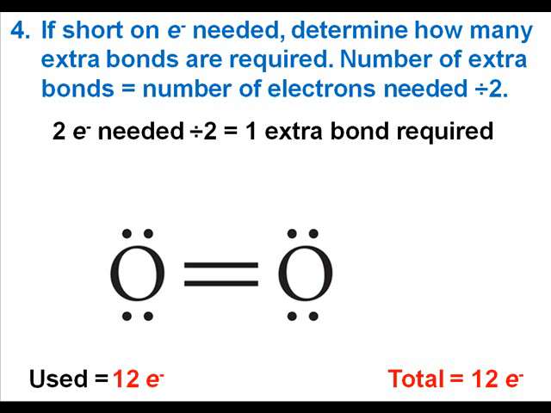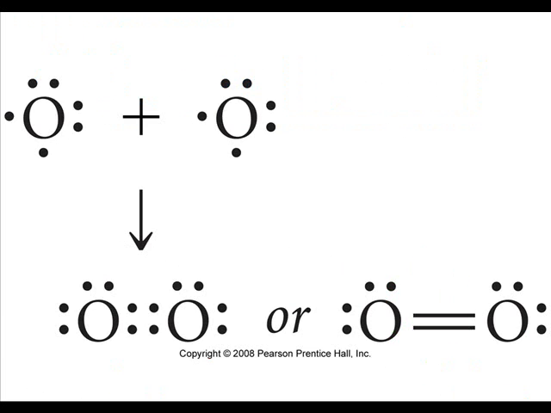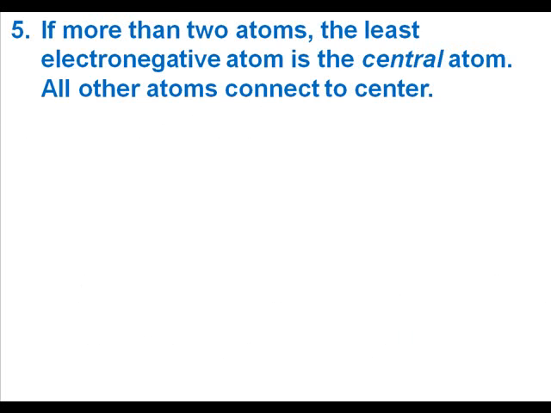Each bond has 2 electrons that count for it. So that's 8. We do the same count on the other side, that's 8. So all atoms are satisfied in this molecule. Therefore, this is a successful structure. Now the way we represent this is at the bottom, you'll notice we can show 2 pairs of electrons between the oxygen, or we could simply create a double bond or double line between it to represent it.